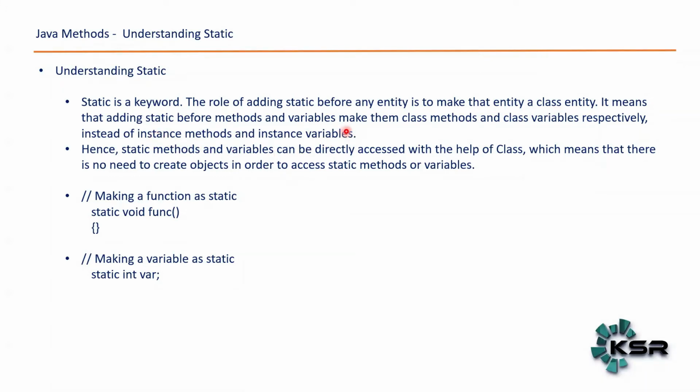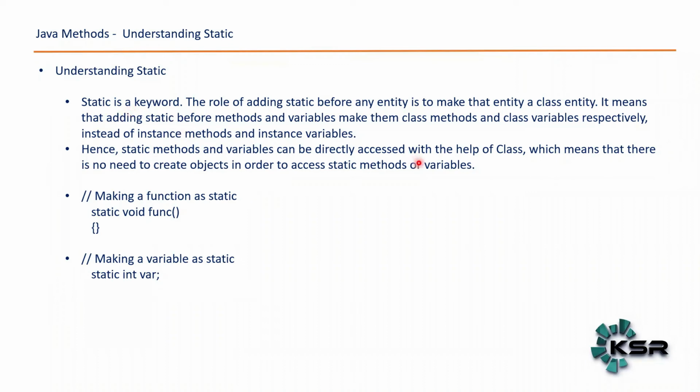So instead of creating an object, I can call directly using the class itself. It is a class method and class variable, not an instance method and instance variable. Instance is about your object. Class is about your main class, not your object. So without creating an object, I am going to access the static data member.